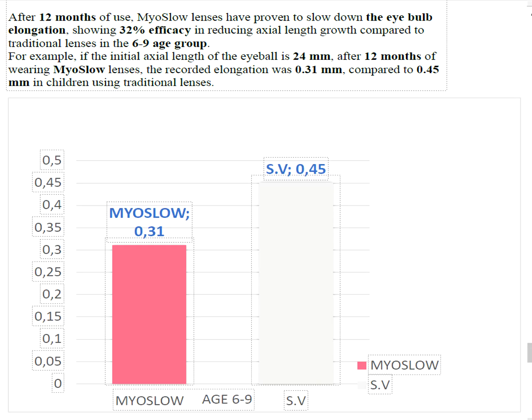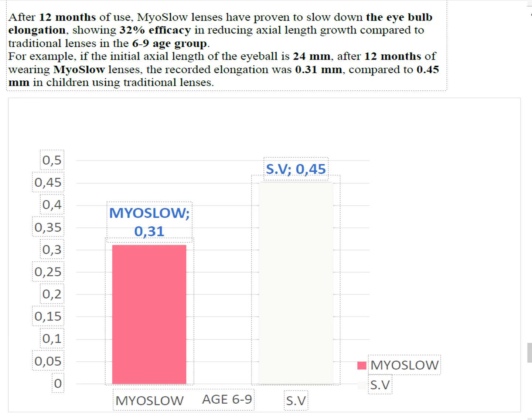Another important thing about MyoStop or MyoSlow lenses is that they help prevent elongation of the eye. As I told you, one of the reasons for increasing myopia is elongation of the eye, meaning an increase in the size, dimension, or axial length of the eye.